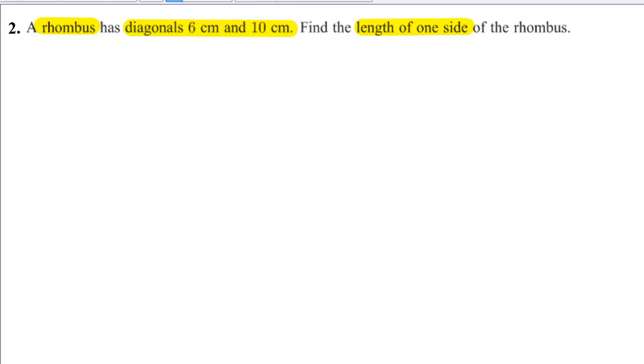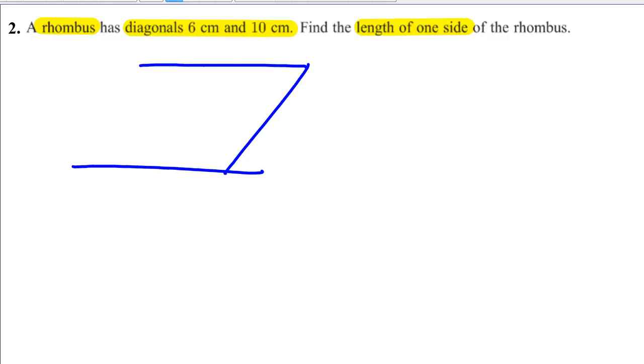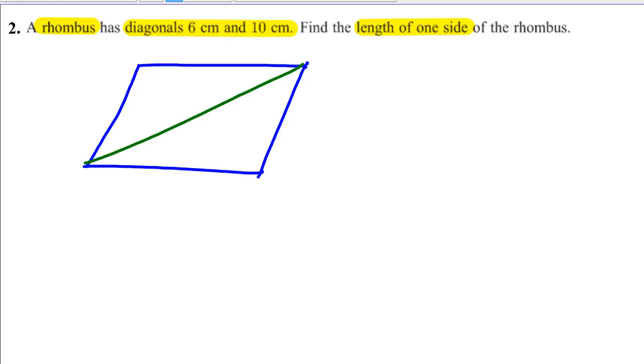So what we need to do here is sketch this diagram, and we know that for a rhombus all sides are equal, so it will be something like this. Now, one thing with the diagonals of a rhombus is they bisect each other at 90 degrees, which means if I draw these diagonals, they bisect each other at 90 degrees.